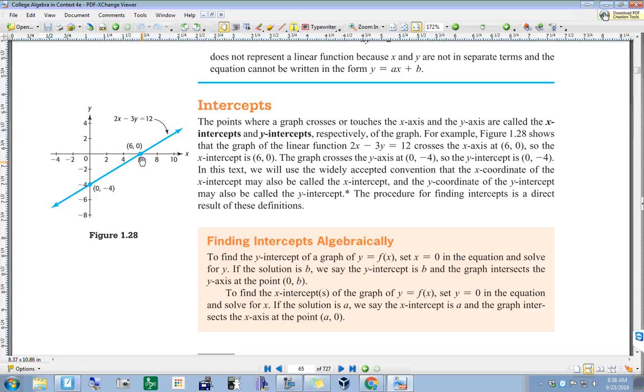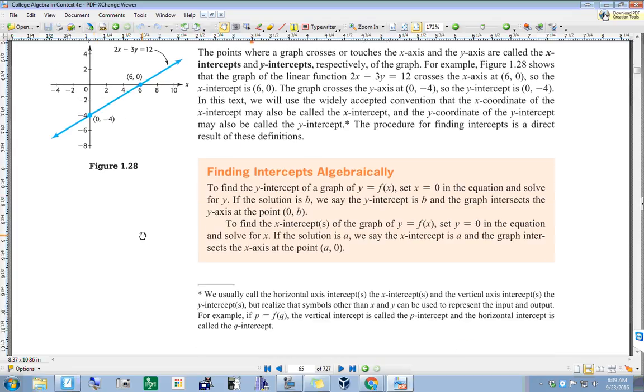Why? Because if we take a look at these coordinates here, I know that y must be 0. So if I plug in 0 for y and solve for x, it tells me exactly what the value is. Down here, x must be 0. I put 0 into the function and I solve it. I get exactly what I want.